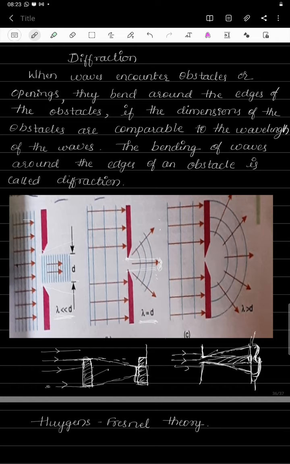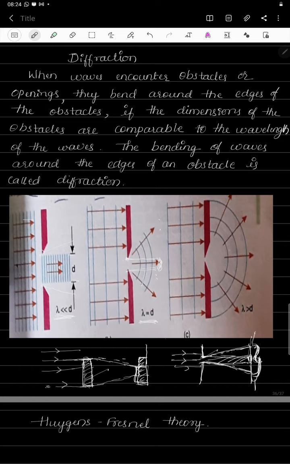Then in the third case, lambda is greater than d. The opening is very small as compared to the wavelength of light used. When the opening is very small, the waves spread over the entire surface behind the opening.